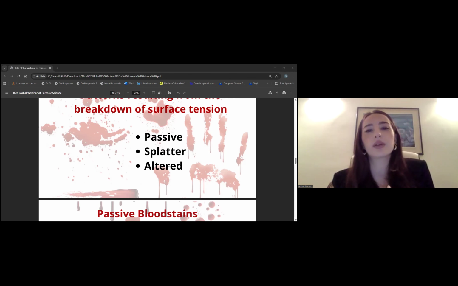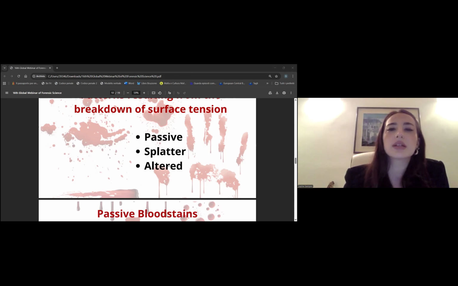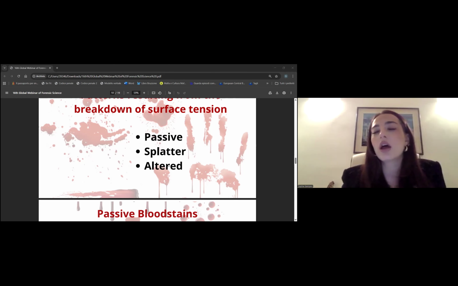A drop of blood doesn't lose its shape until it impacts a surface or is subjected to a force. In fact, when a drop of blood hits a surface, external actions intervene that change its spherical shape. It depends on the impact velocity, inclination, mass of the droplet, and the type of surface, obviously.